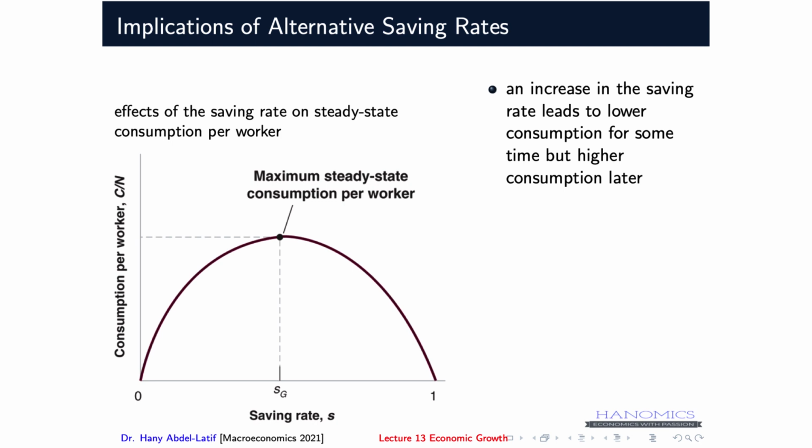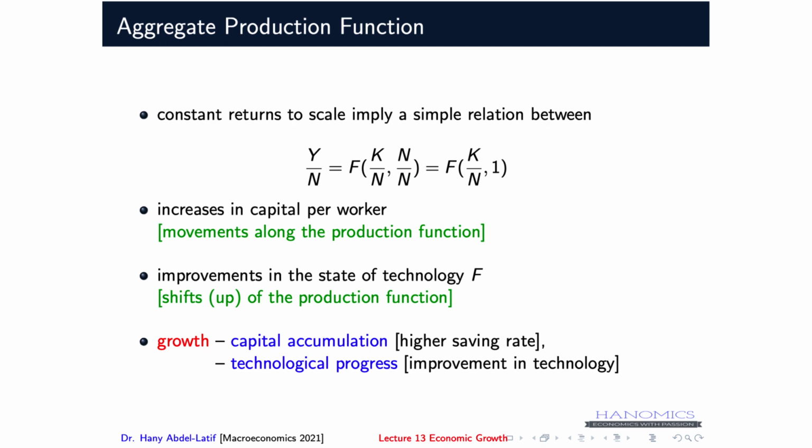We tried to understand more about the production function, and we came to this point where we said that economic growth is determined by two factors: capital accumulation, which depends on the saving rate, and technological progress, which we will discuss now.